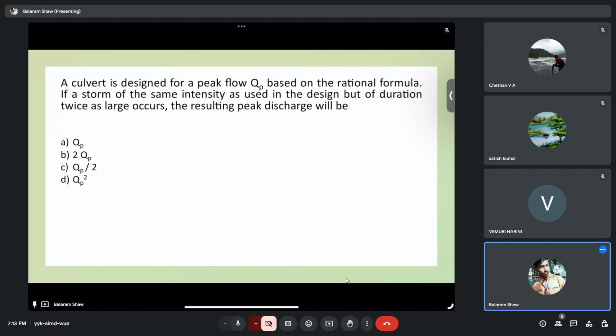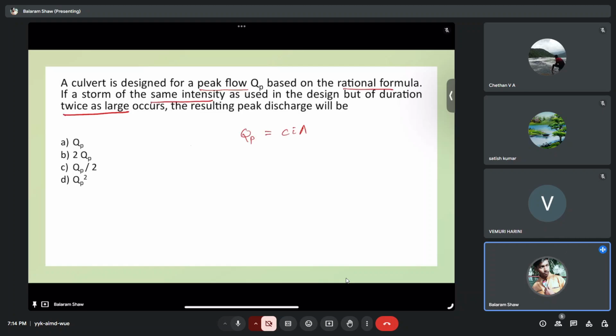Yeah, so the next question is, a culvert is designed for a peak flow QP based on the rational formula. Okay. If a storm of the same intensity as used in the design but of duration twice as large occurs, the resulting peak discharge will be, right? So what we know, the peak flow or peak discharge as per the rational formula is C into I into A, isn't it?